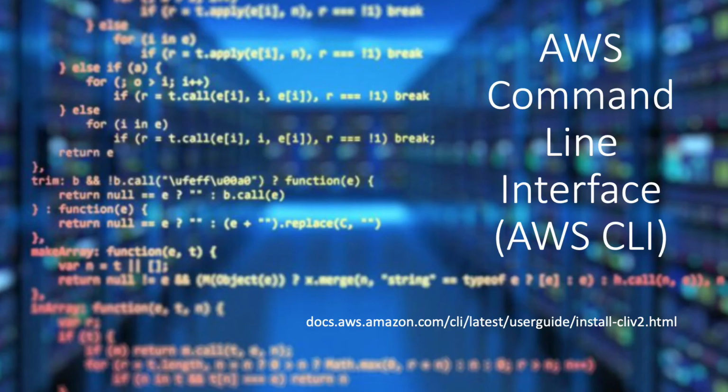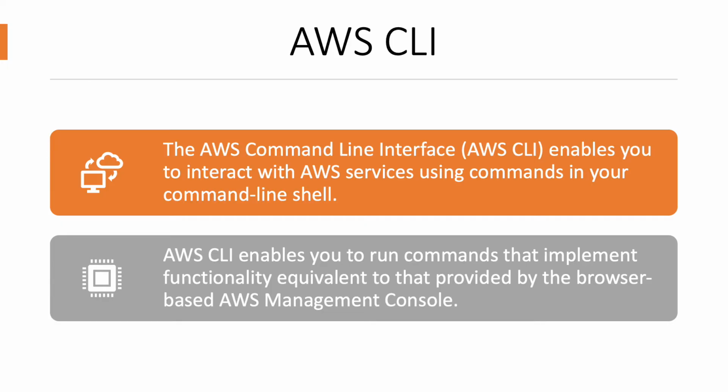The next way to get access to what's going on in your AWS account is through the CLI, the command line interface. Throughout this module, I've got links to various documentation and installation sites for all of these services. With the command line interface, you can interact with the services from the shell.